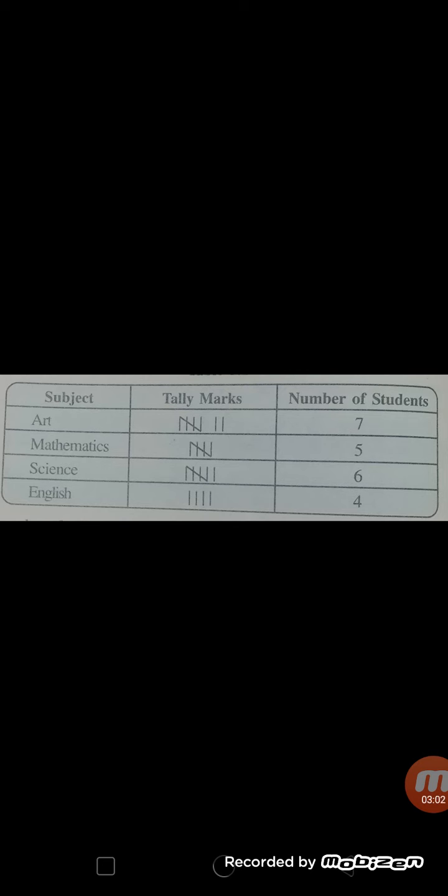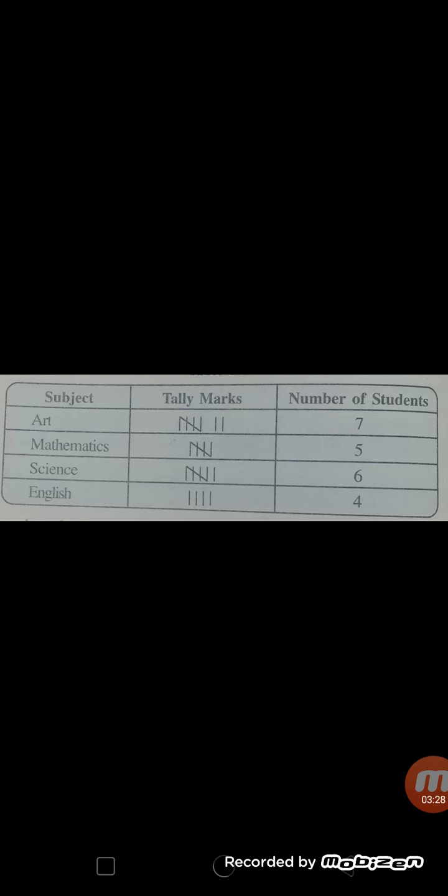Here, like subject art is liked by 7 students. So this is shown by tally marks 1, 2, 3, 4, and then 4 vertical lines are crossed by a slanting line to represent 5 students, and then 2 more vertical lines, so 7 students. Mathematics is liked by 5 students, science is liked by 6, English is liked by 4 students.